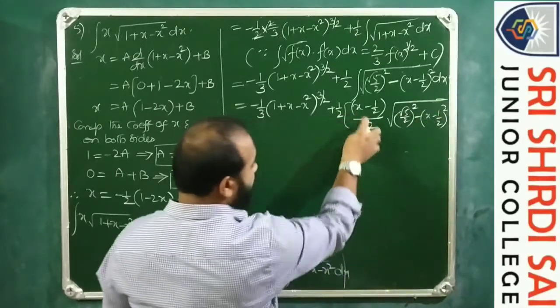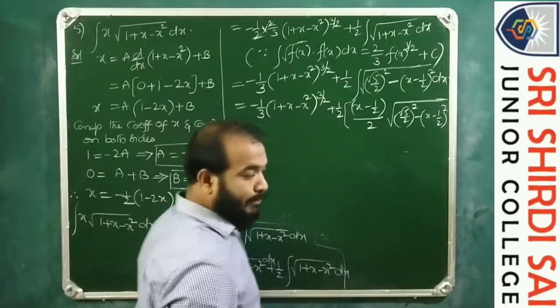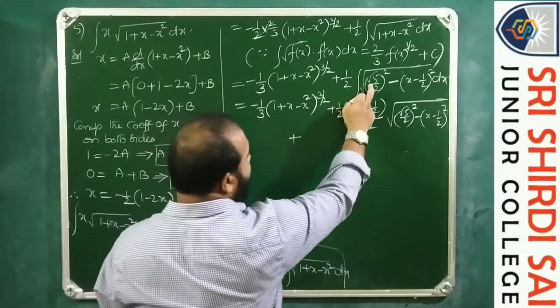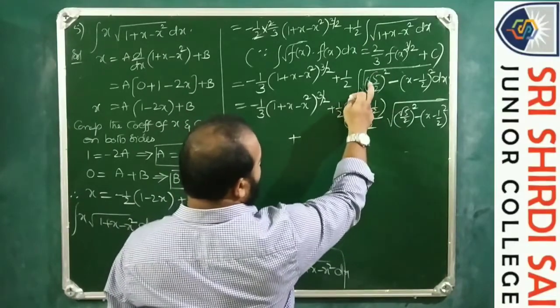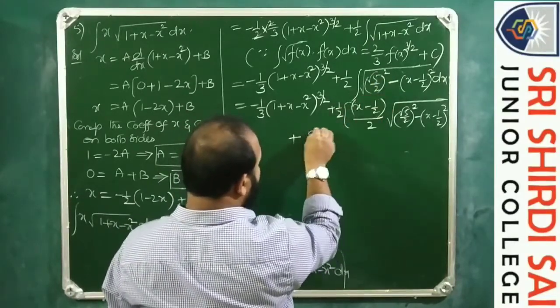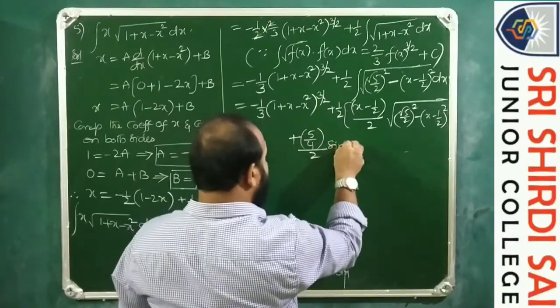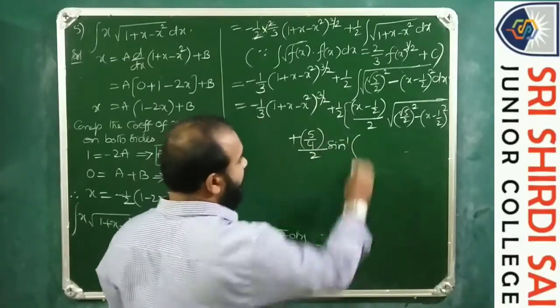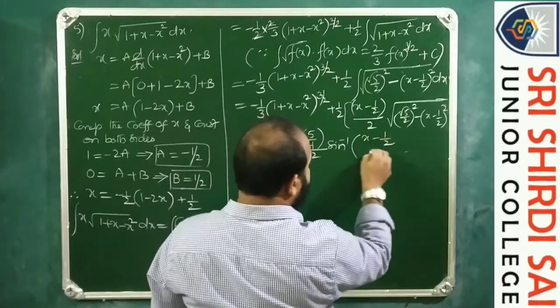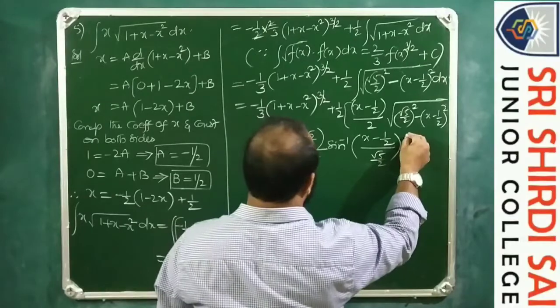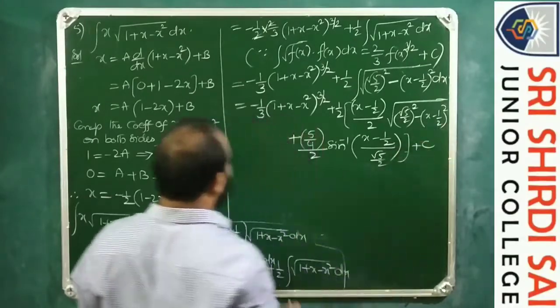This is x by 2 root of a square minus x square plus a square by 2, where a is root 5 by 2 and a square is root 5 by 2 whole square, which is 5 by 4. So a square by 2 sine inverse x by a, where x is x minus 1 by 2 and a is root 5 by 2, plus constant of integration c.